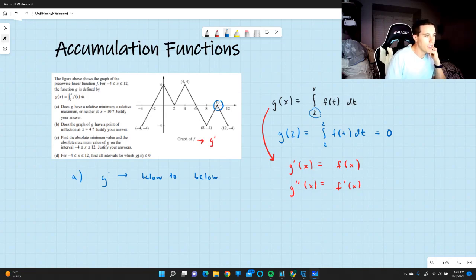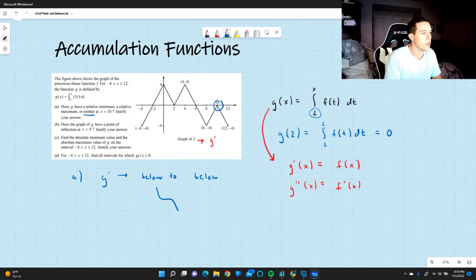So if that's the case, it's kind of doing this in the original. It's going down, leveling out, and going back down. So is this a relative max, relative min, or neither? This would be a neither case because we don't change from positive to negative in the derivative, which means we don't change from increasing to decreasing in the original. So this is a neither situation, and you would explain it just like I did.